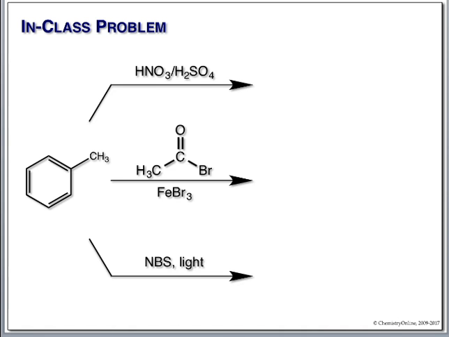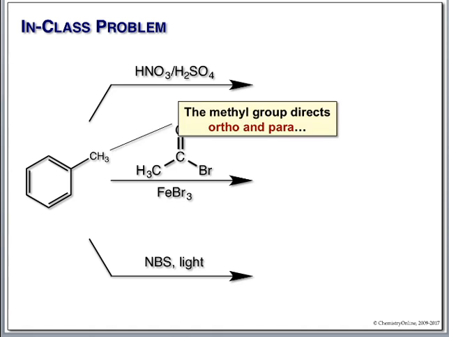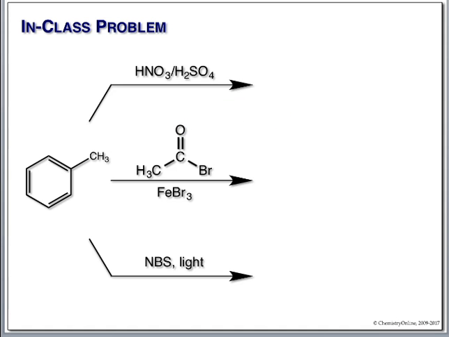Again, we have a methyl group that's going to direct things ortho and para. So we're going to wind up with 4-nitro toluene.